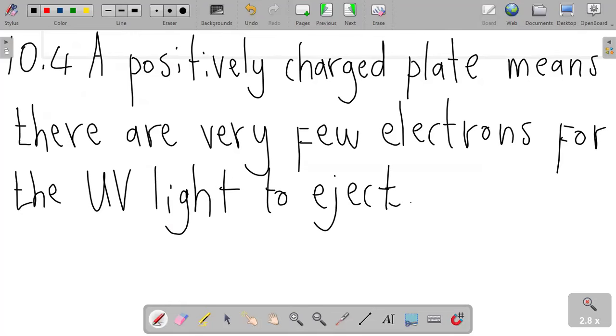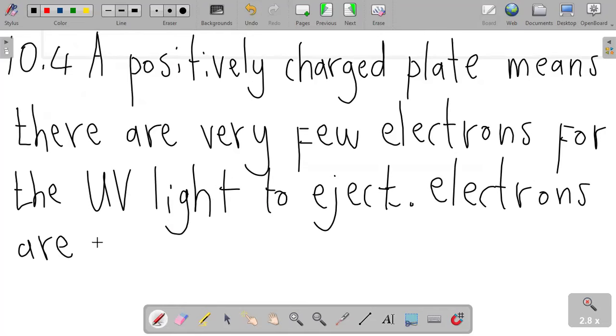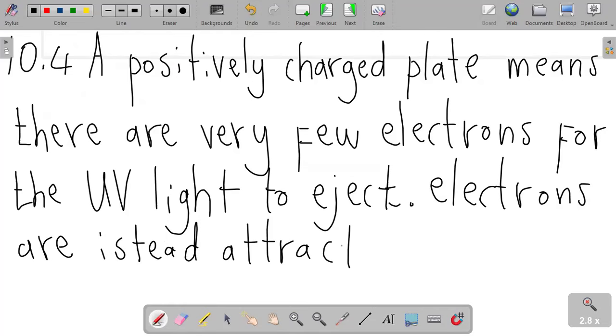Electrons are instead attracted to the plate.